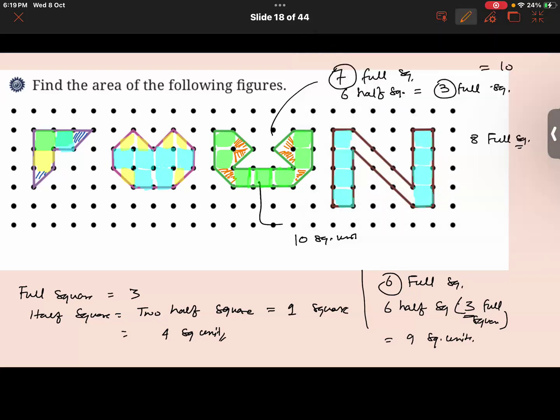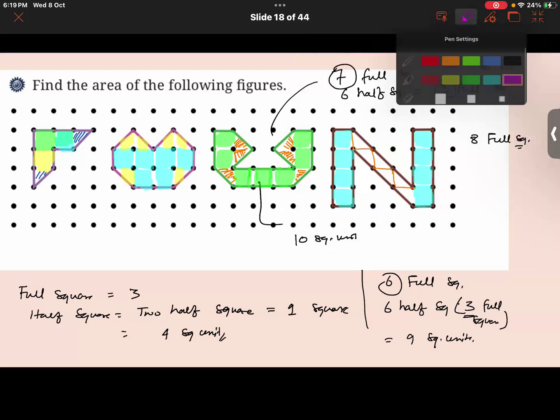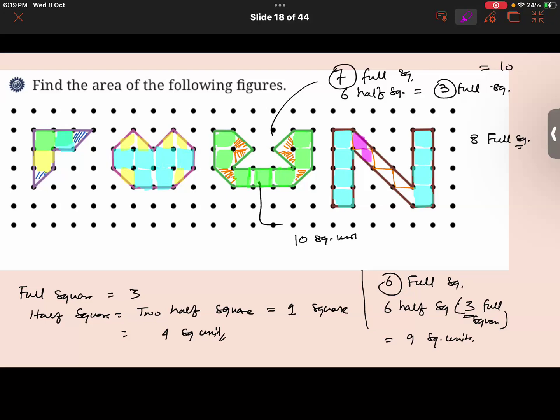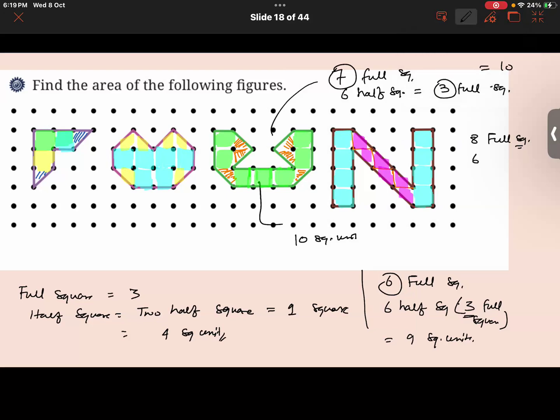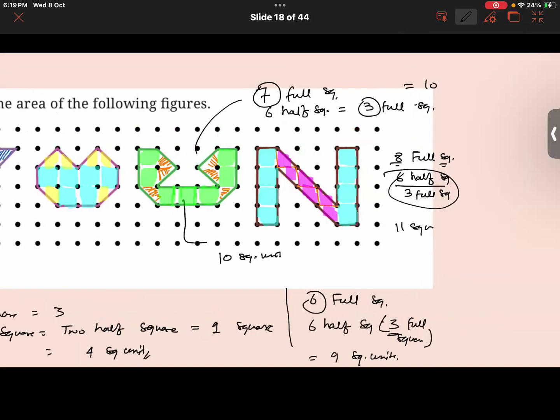Okay. Then what we can do is split it like that. 1, 2, 3, 4, 5, and 6, isn't it? Now 1, 2, 3, 4, 5, and 6. So 8 full squares. 6 half squares is equal to 3 full squares. So 8 plus 3, that is 11 square units. No? Okay.